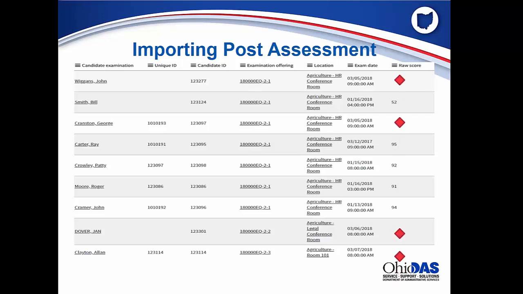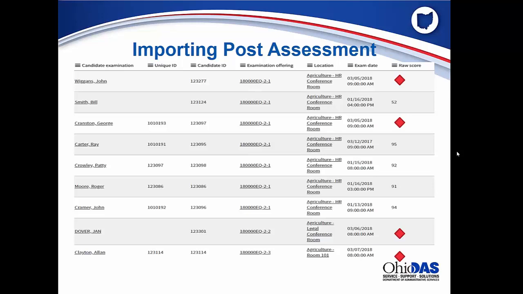Wiggins and Cranston at the top are taking the test anew. And for our example, I wanted a few more people, so I actually added a few others at the bottom. Notice that Dover and Clayton at the bottom are scheduled for 3-6 and 3-7 right now. I'm just calling attention to that because we're going to change it through import. So I want to show that in action.